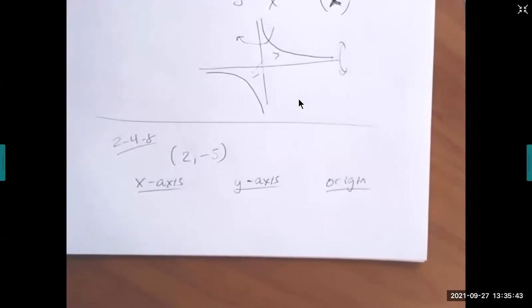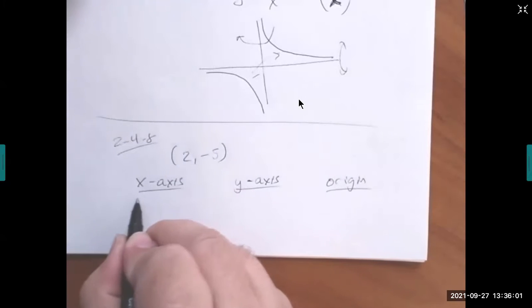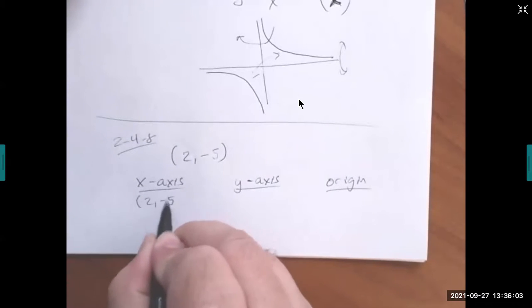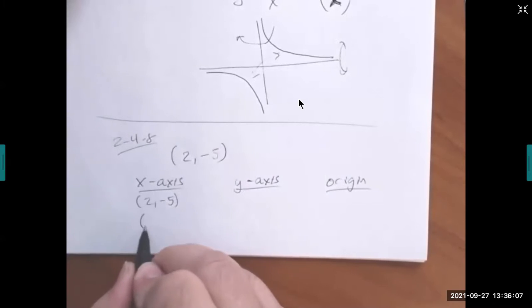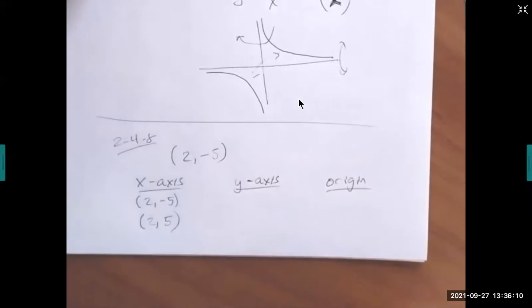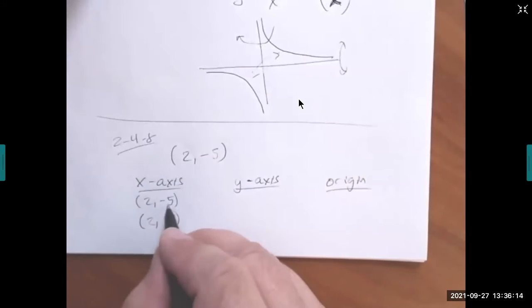So like we just worked on all these. What do we do to test x-axis symmetry? So we change what though? Change the y value, yeah. So since we started off at 2, -5, the point symmetric about the x-axis is 2, +5. So for the x-axis, you just change the y's.